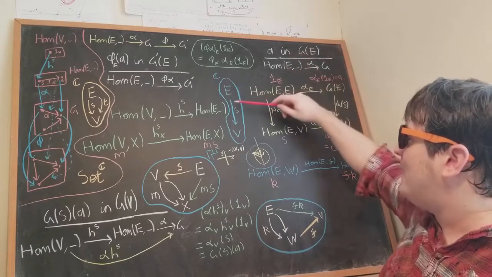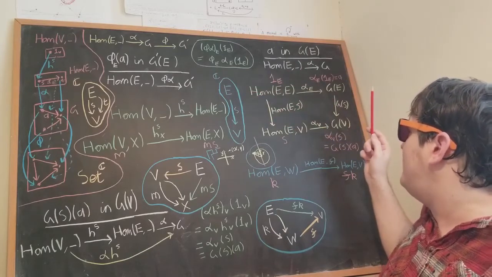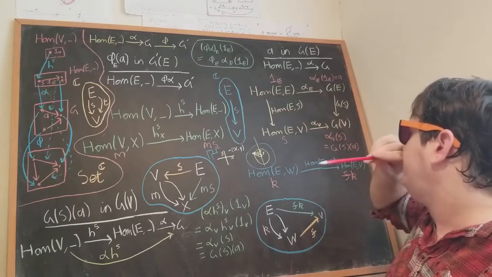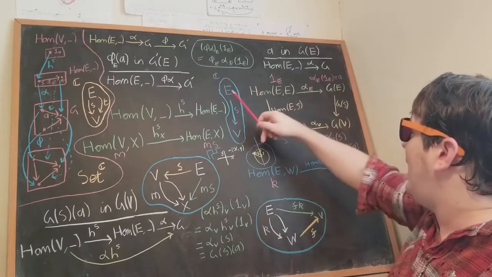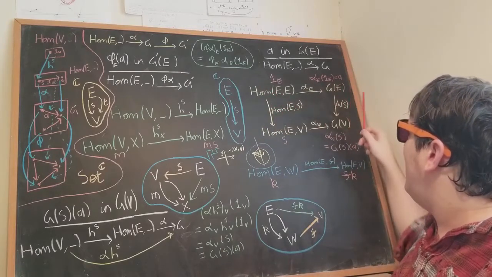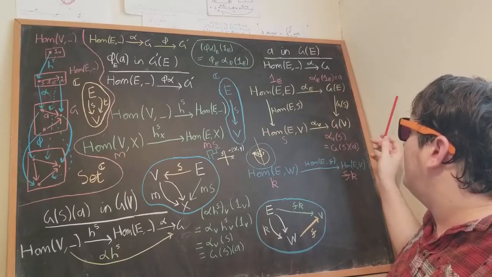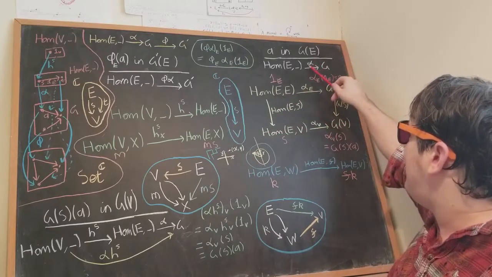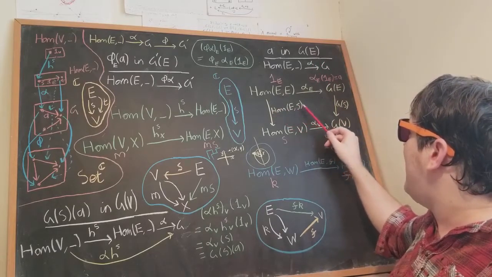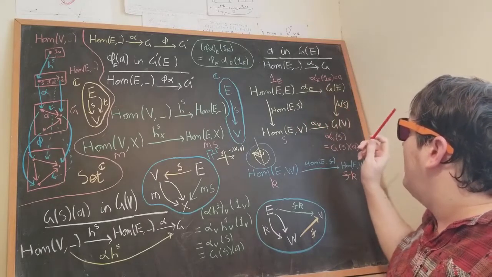And so if we have an arrow s from E to V, then this corresponds to a kind of naturality square. We can draw this in yellow, and because alpha is a natural transformation, we know that alpha_V after hom(E, s) equals G(s) after alpha_E.